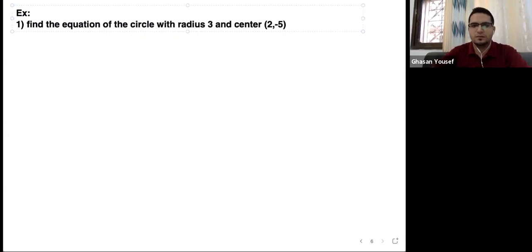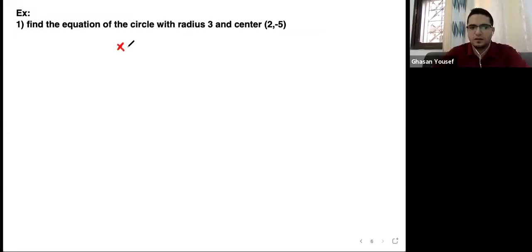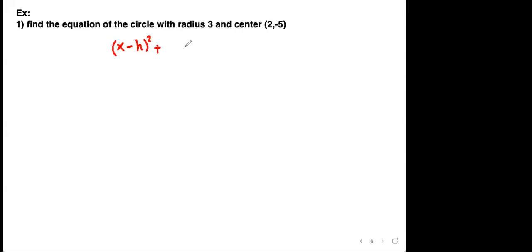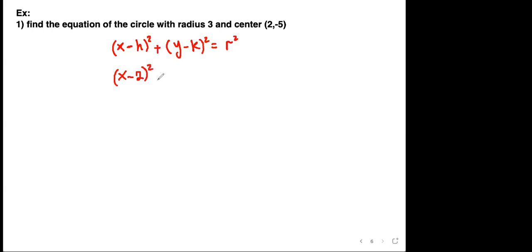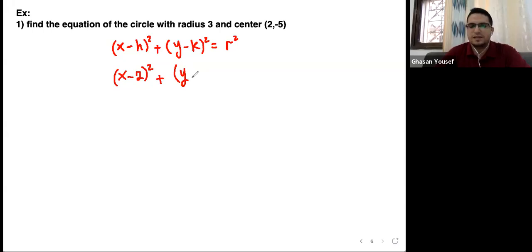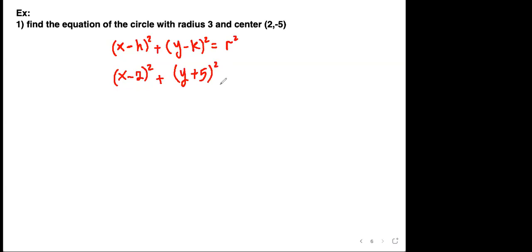Who will do this one? I'm going to give you a hint. Yes, go ahead. Okay, so it would be (x - 2) squared plus (y + 5) squared, because minus becomes plus, equals 9.